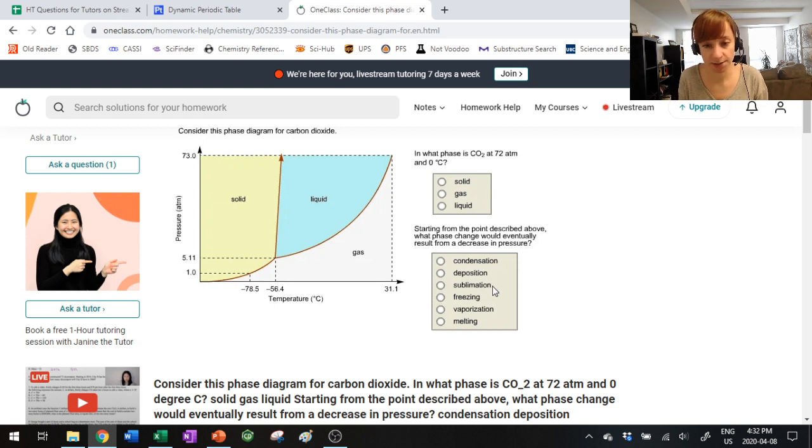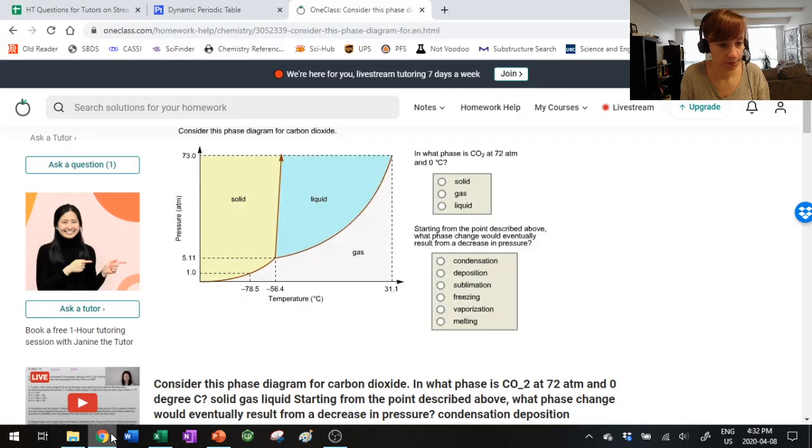Sublimation is solid to a gas, so this transition state here. Freezing is from a liquid to a solid, crossing over here, at much lower temperatures. Like I said, vaporization is from a liquid to a gas, and melting is from a solid to a liquid. So it's just good to know the names of all those phase changes.